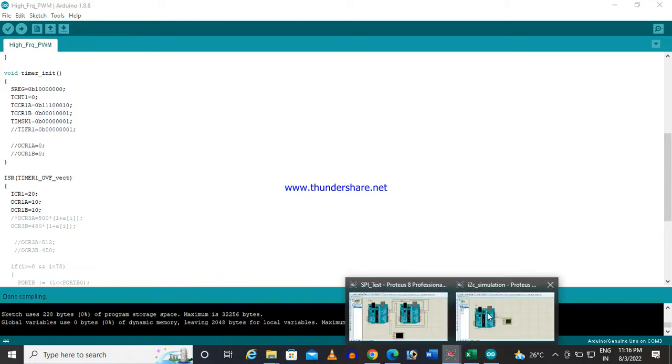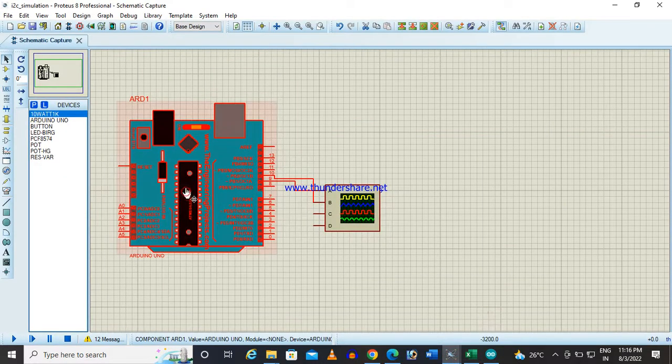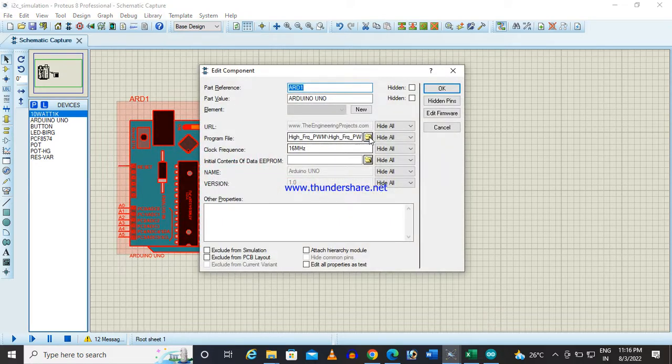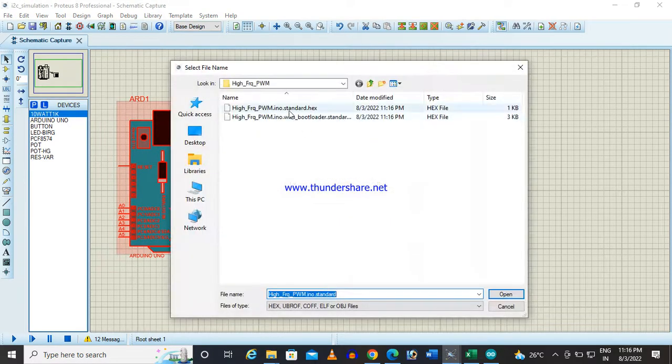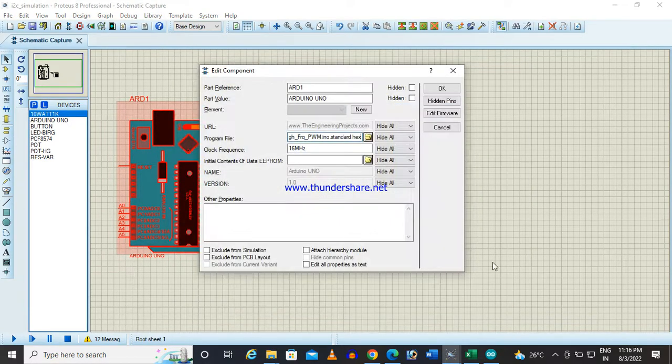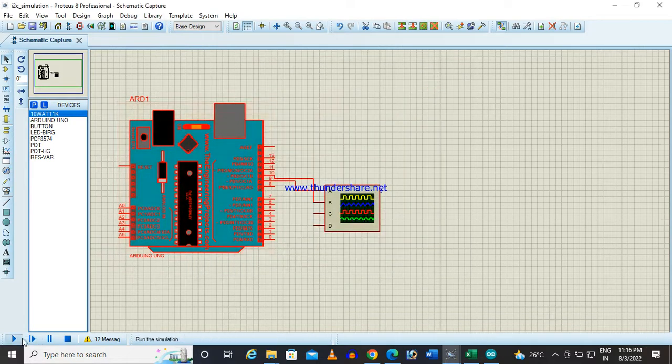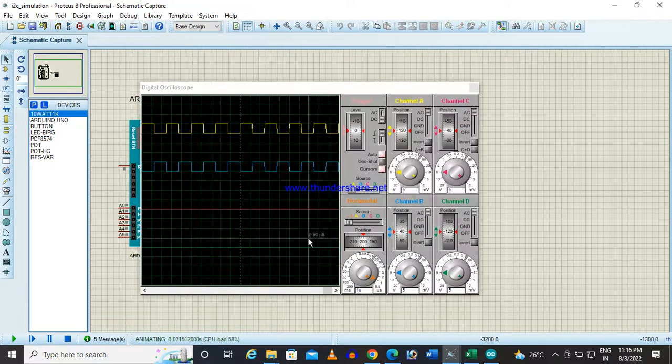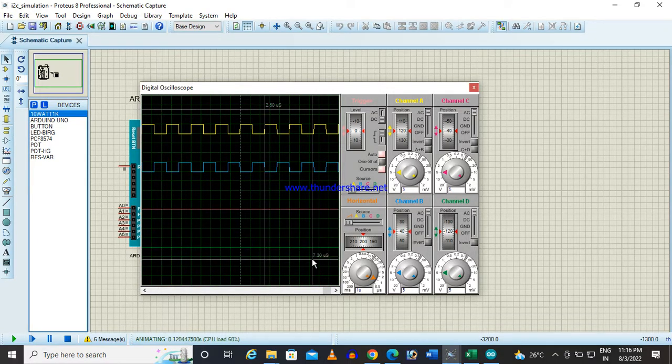Now I will run it. This is one cycle, and if I measure it, you see it is 2.5 microseconds.